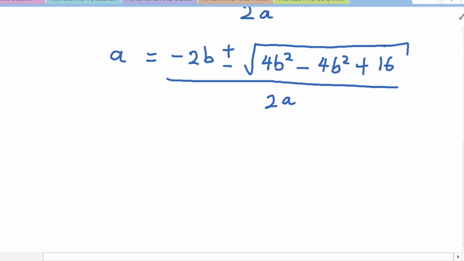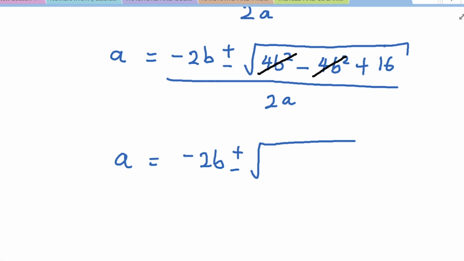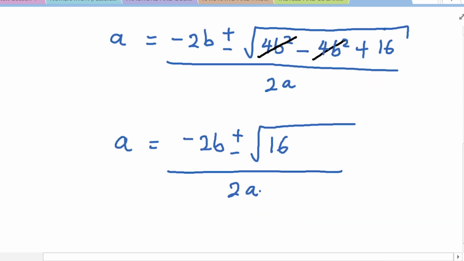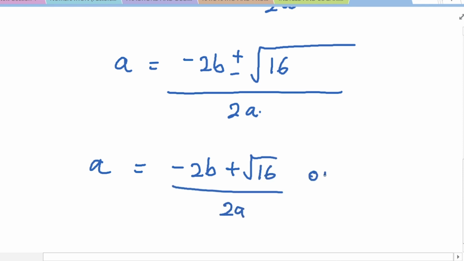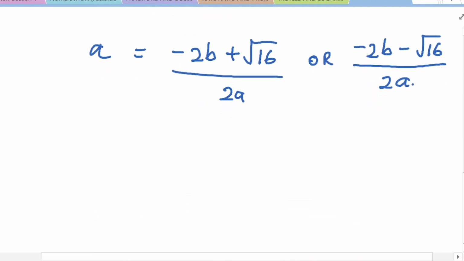So my value of a is given by minus 2b plus or minus, you realize that inside here, this and that will go, you remain with the square root of 16, divide that by 2a. Now this simply means that my value of a is either negative 2b plus the square root of 16 over 2a, or negative 2b minus the square root of 16 over 2a. That's what the plus and minus in between means.